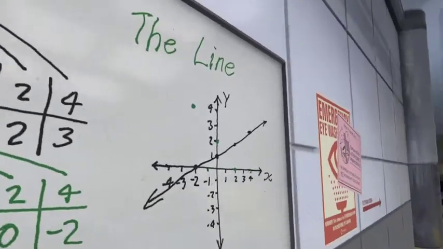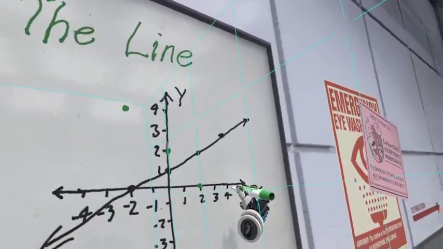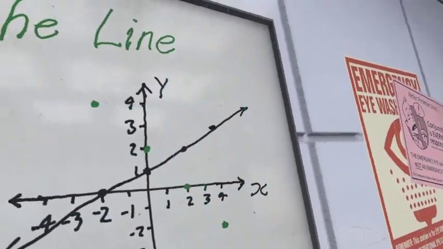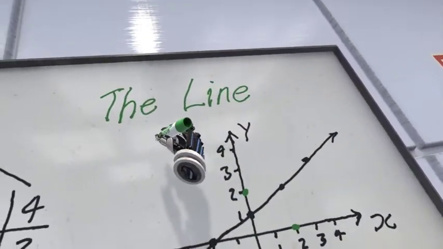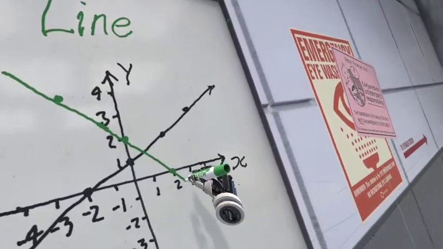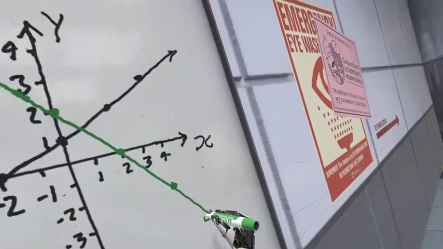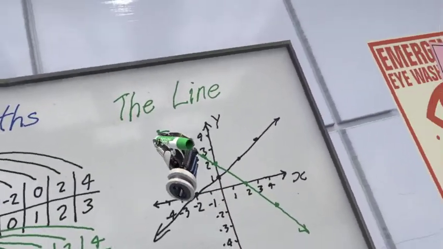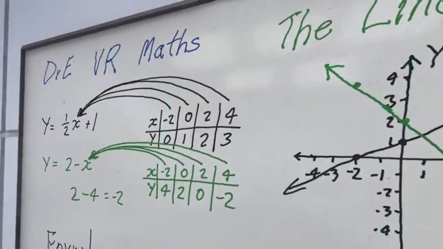This is the x value. So 4 and minus 2, and we've got a dot down there. And this line, here we go again, drawing in VR without a ruler. It's not that simple. But there we go. There's our green line going down there.